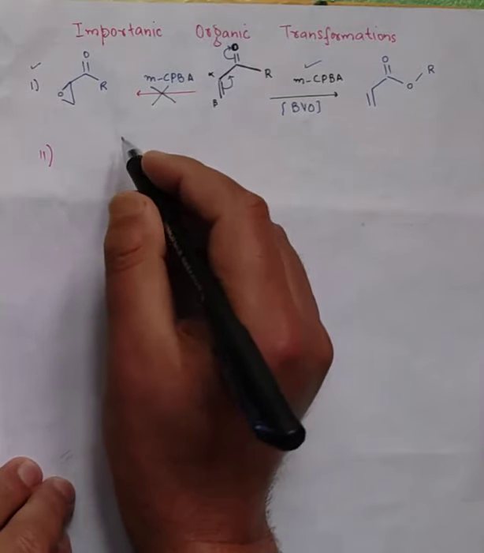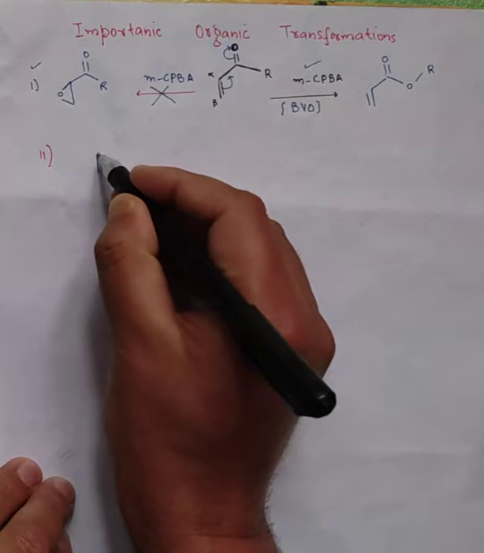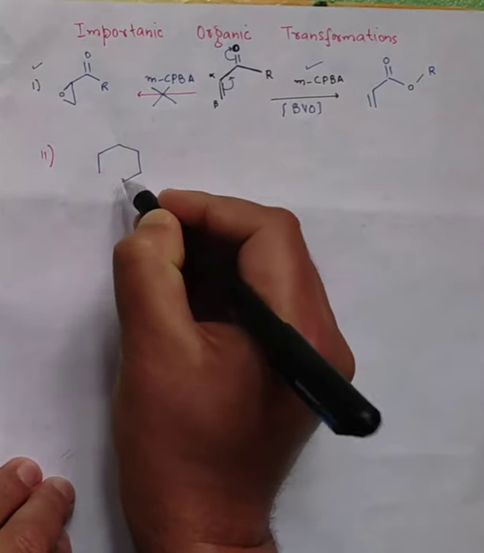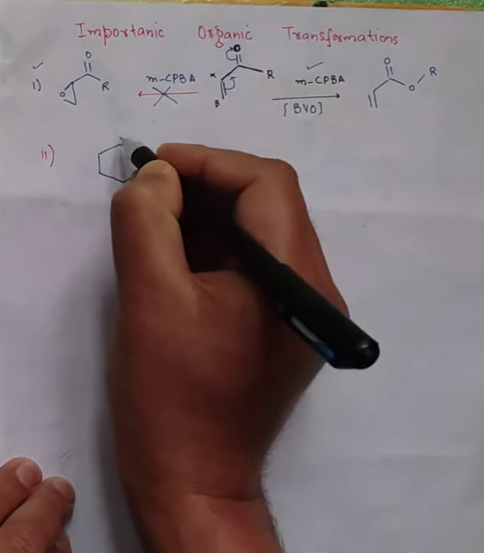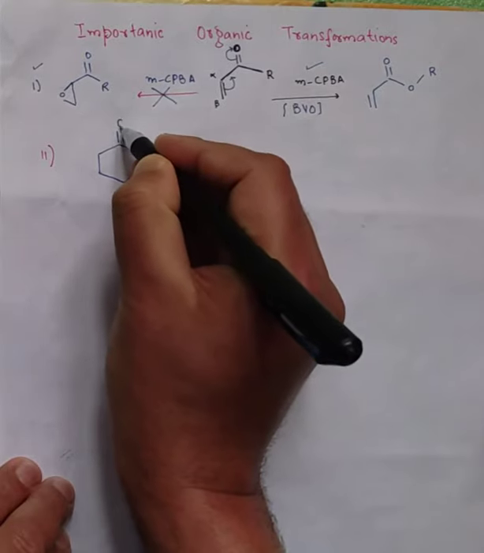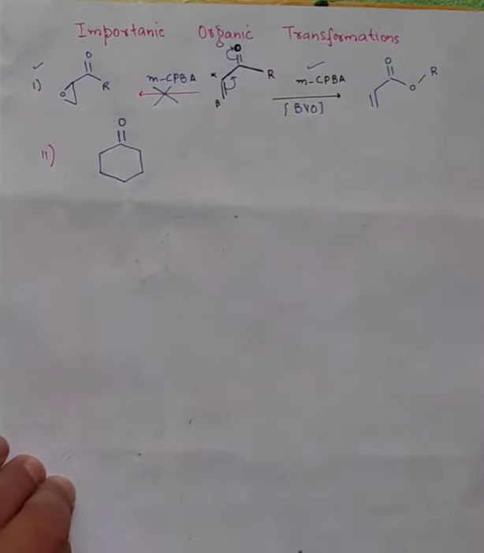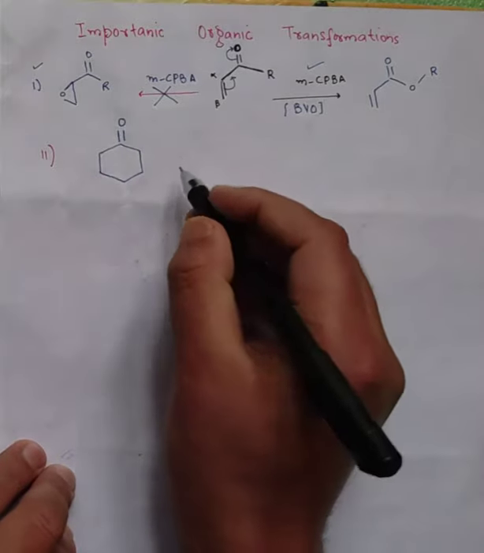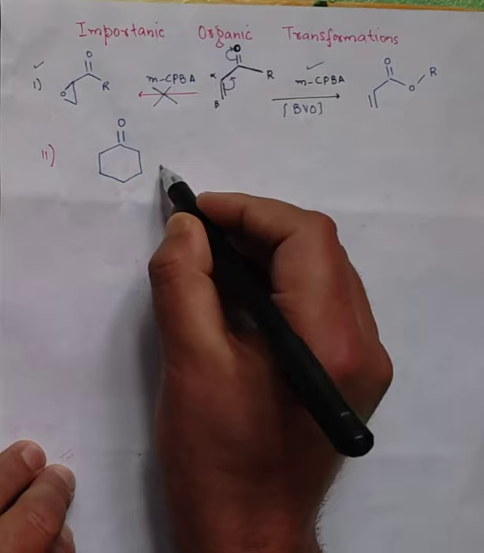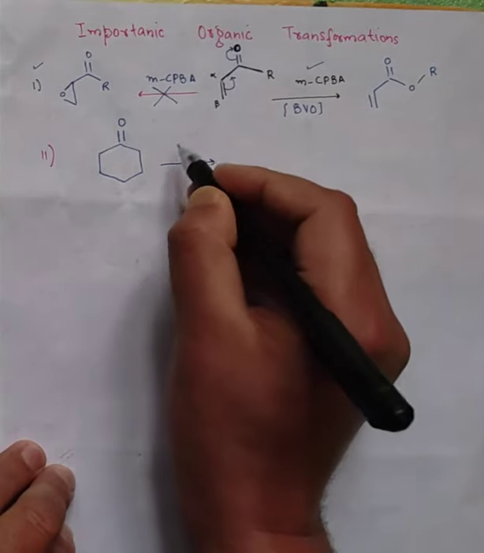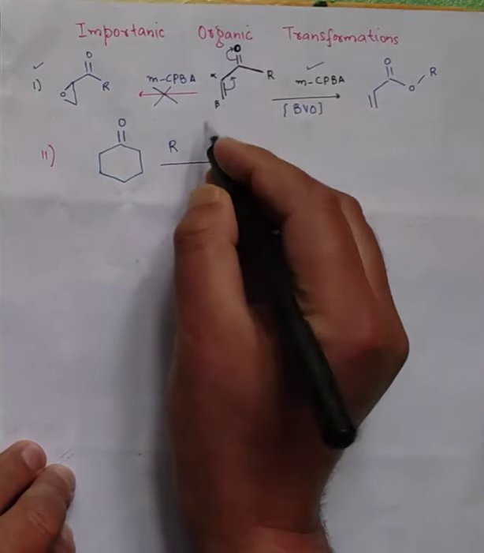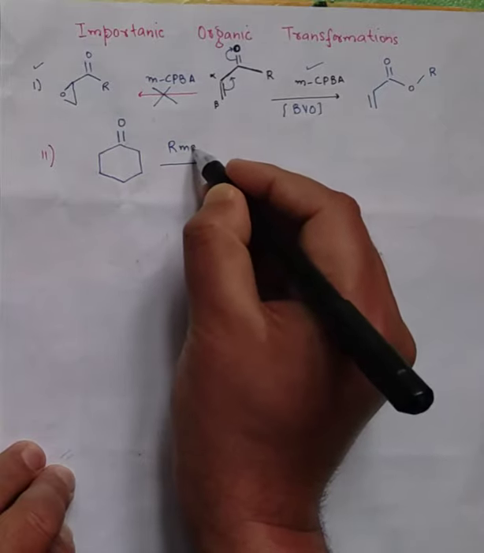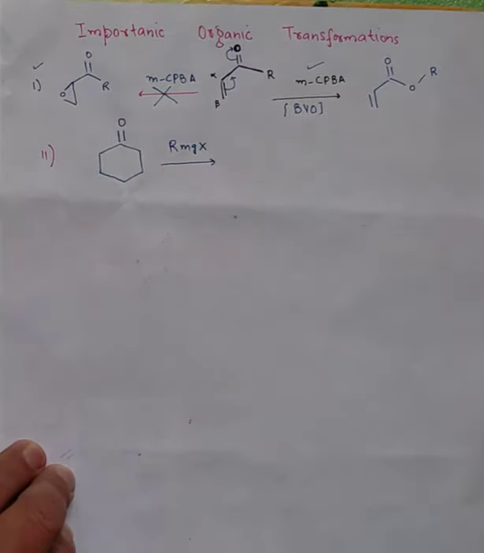Our substrate is cyclohexanone type. So then we'll treat this with RMgX, that's the Grignard reagent.